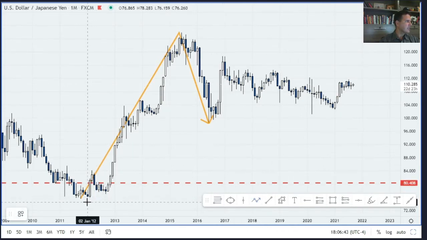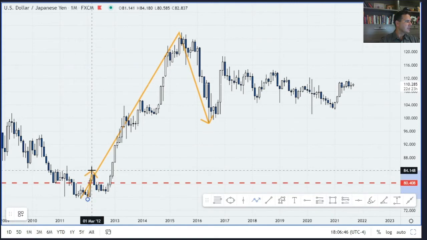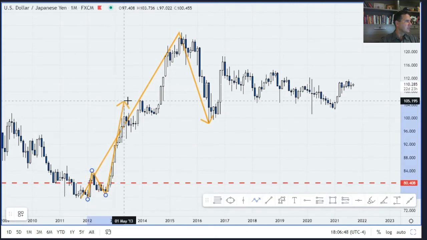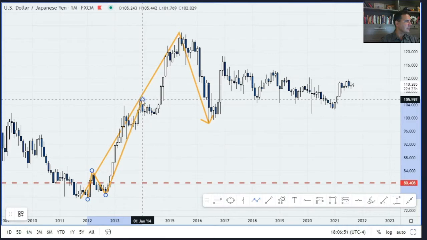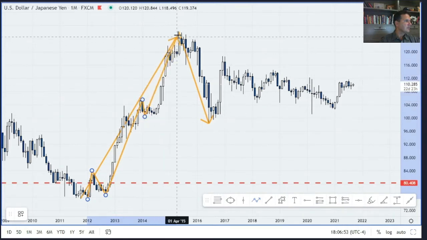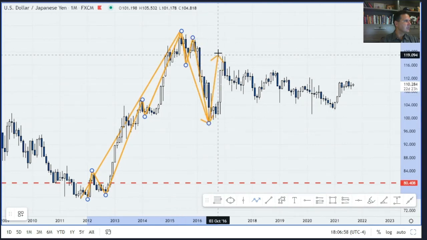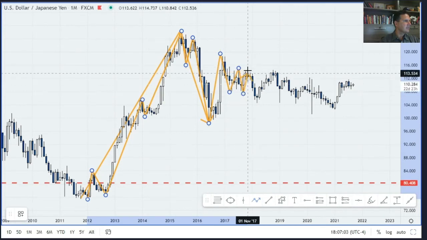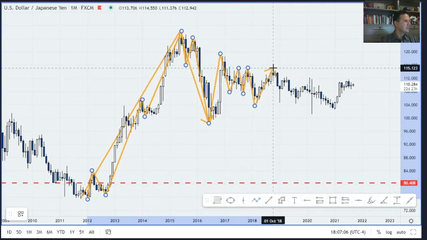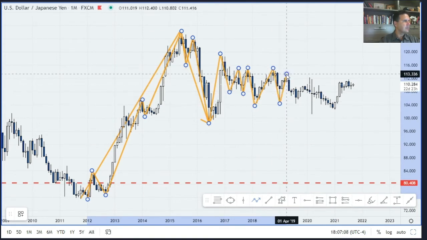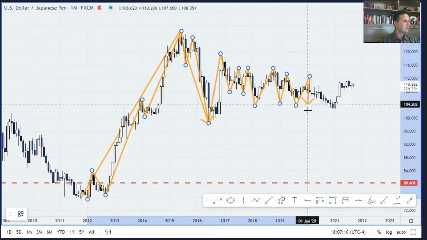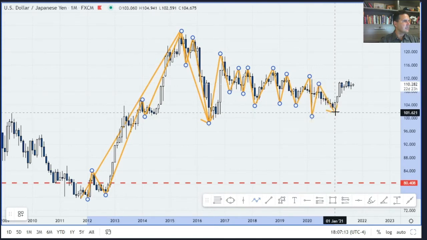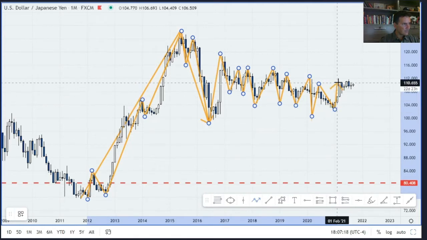So we're going to connect highs and lows: low to high, high to low, low to high, high to low, and so on, and if I'm not mistaken, this is a high too.